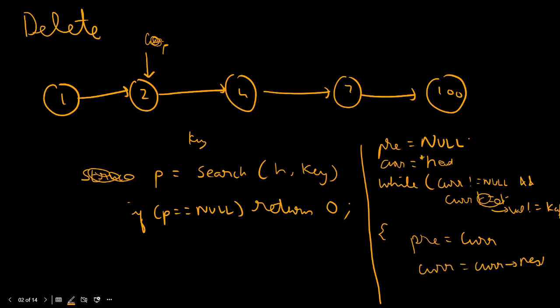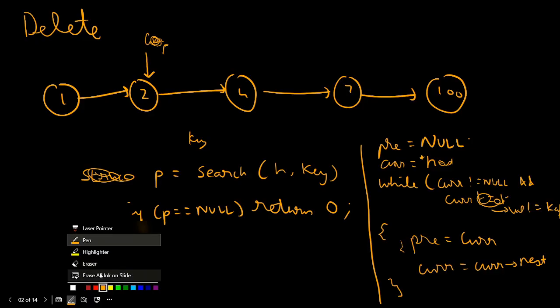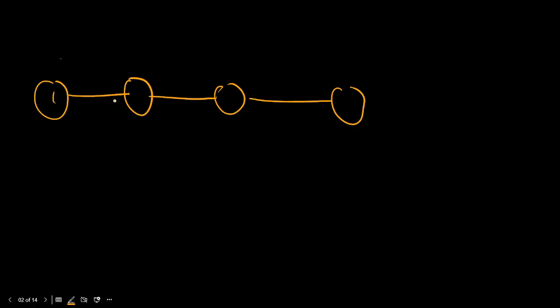I think you must have understood now how this works. It works exactly the same way as in the insert function. So that piece of code gives me my cur and it gives me my pre. So what is it? 1, 2, 4, 7, 80. I have to delete 8.